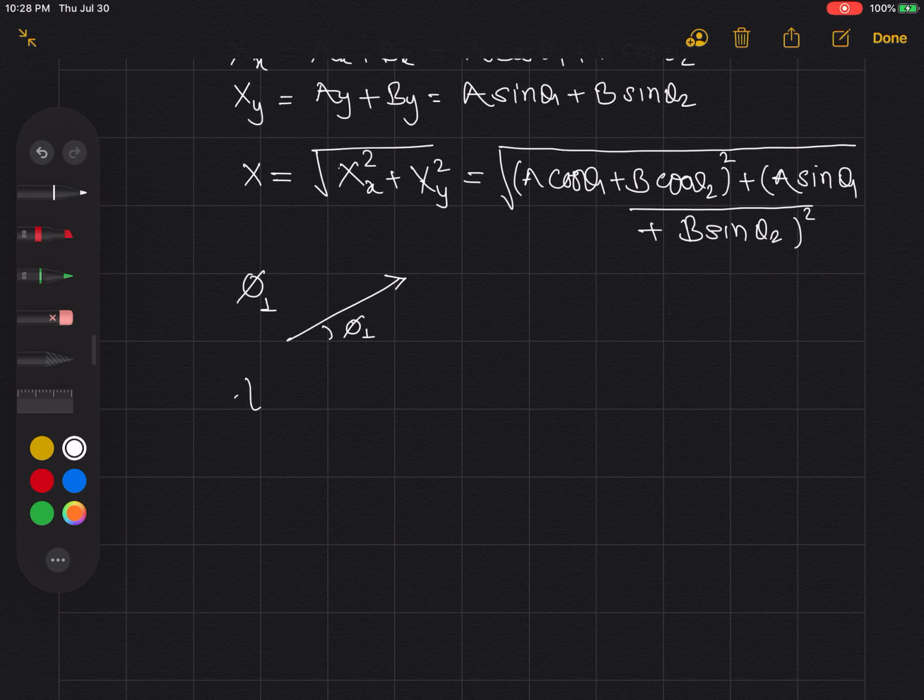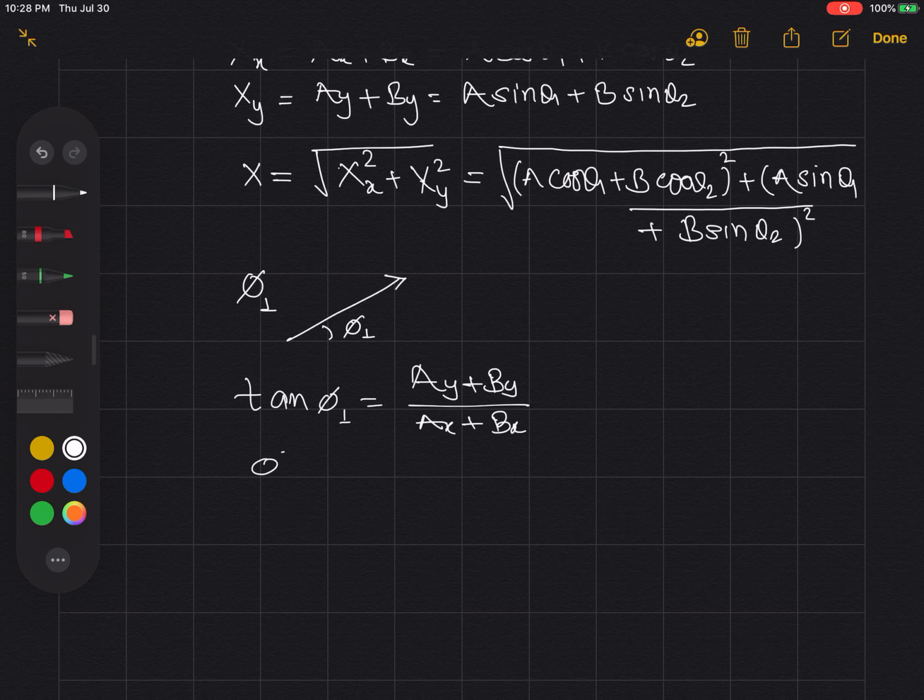So you can write tan phi 1 equal to the y component of a plus the y component of b divided by the x component of a plus the x component of b.